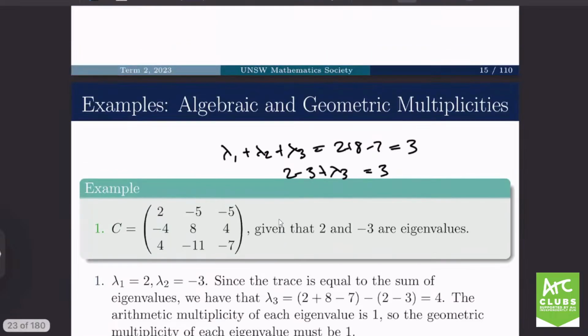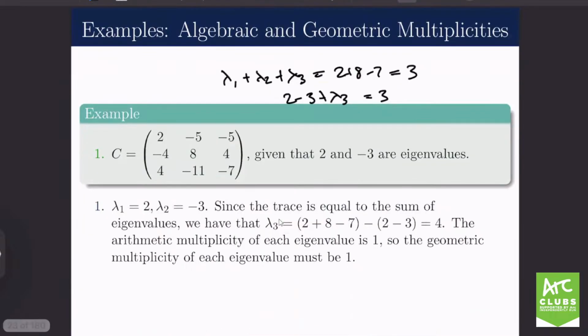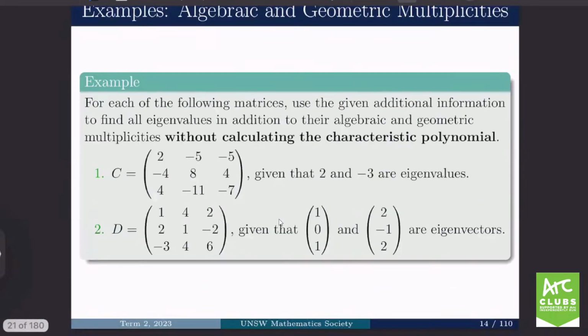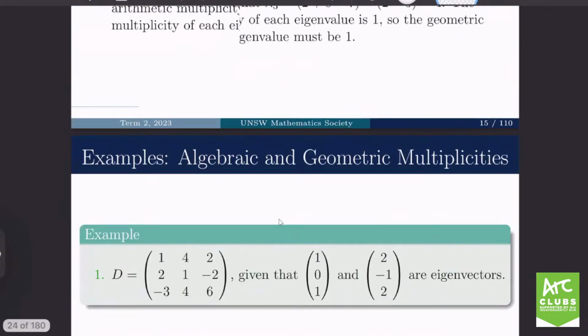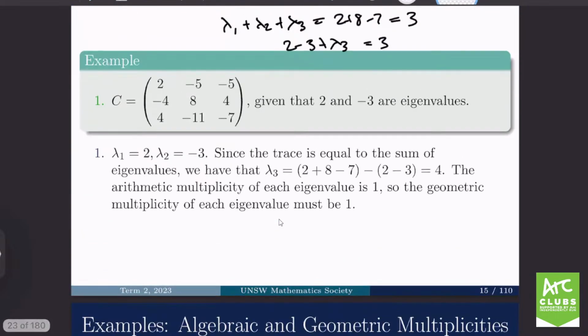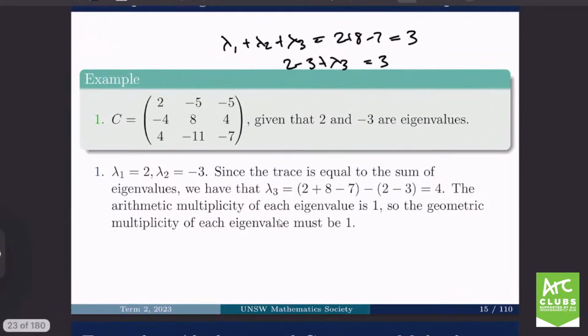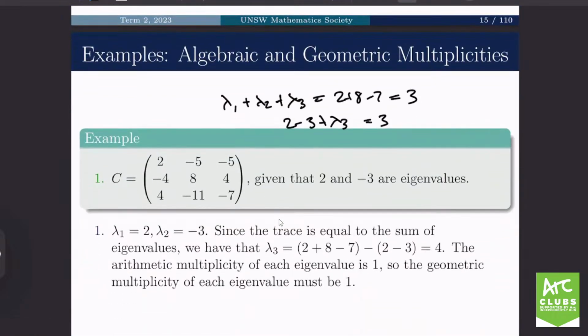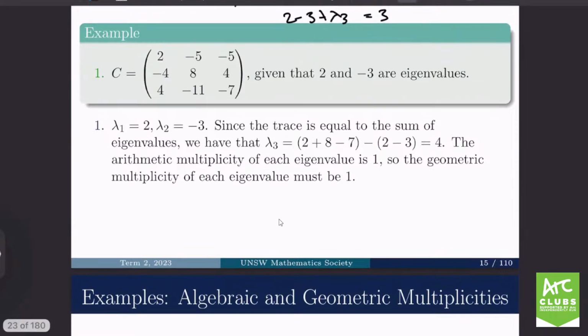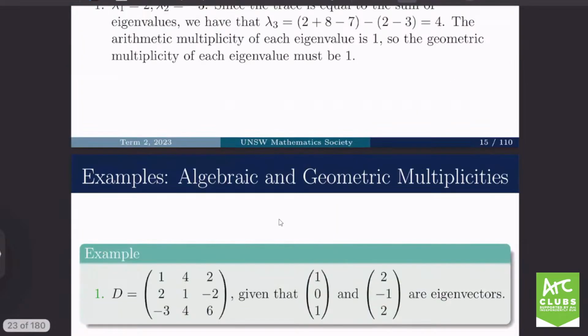Okay. Now, in this case, the question never asks for us to find the eigenvector. And now we can conclude that the geometric multiplicities should be 1 as well. Okay. Just based on the fact that we have our 3 eigenvalues here with algebraic multiplicity of 1.